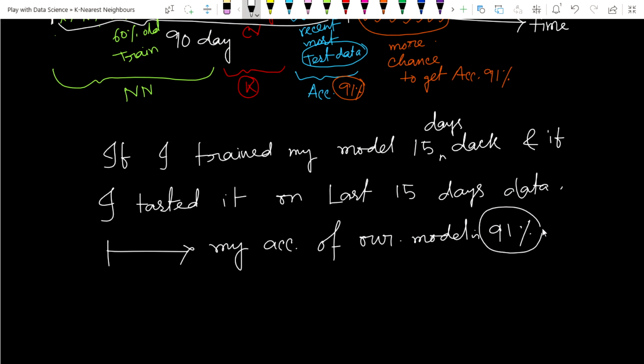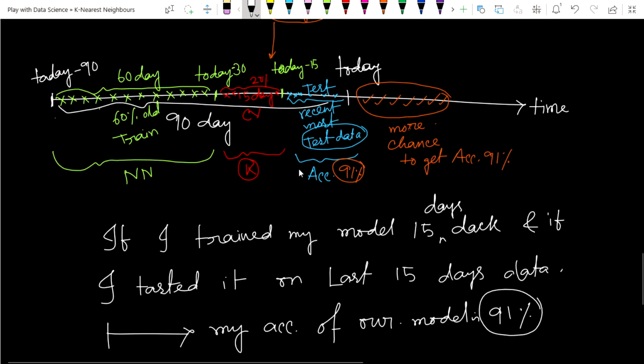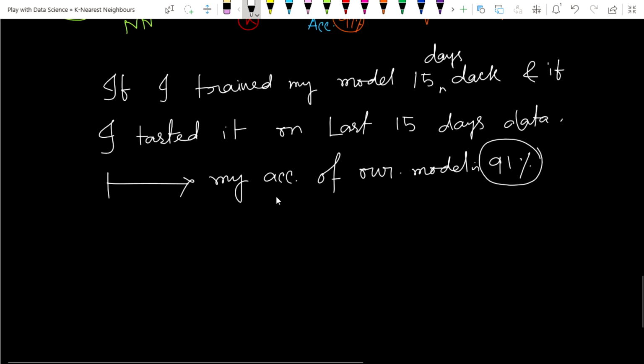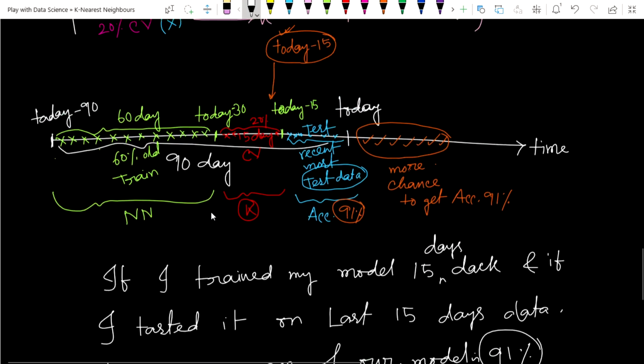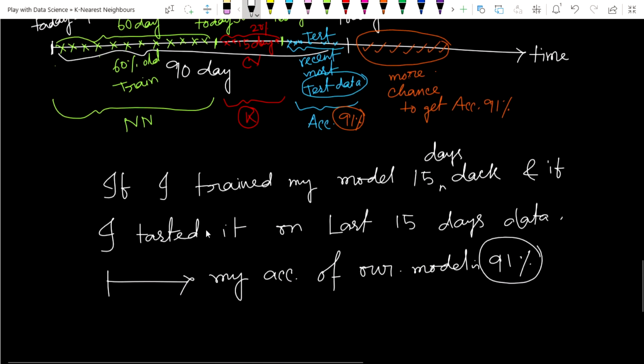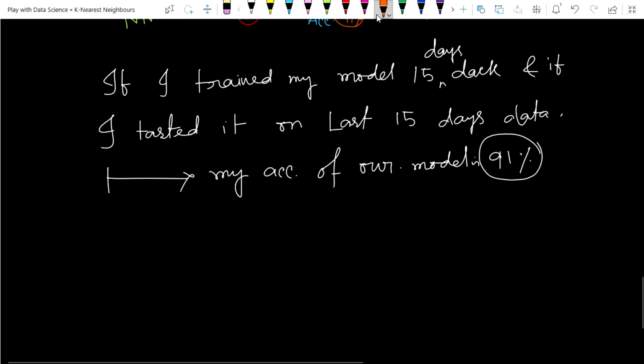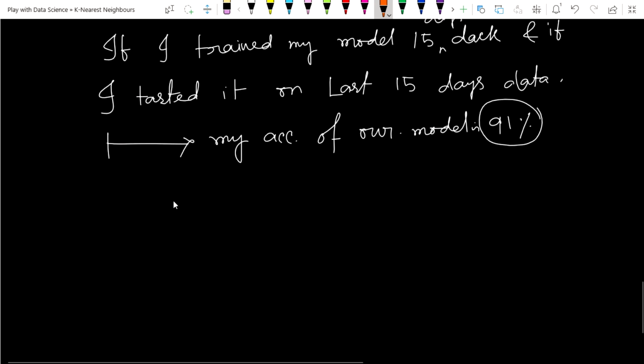This is what we see in contrast to random based splitting of data. This kind of splitting is available only when the feature time is available.